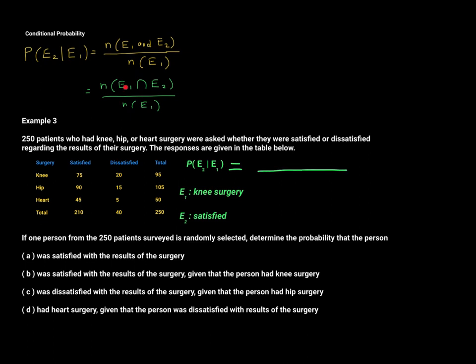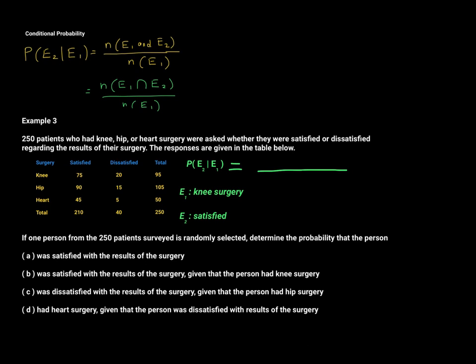How many people had knee surgery and are satisfied? We have a total of 95 people that had knee surgery, and a total of 210 people that are satisfied. But we need to find the number of people that are in both of those sets.